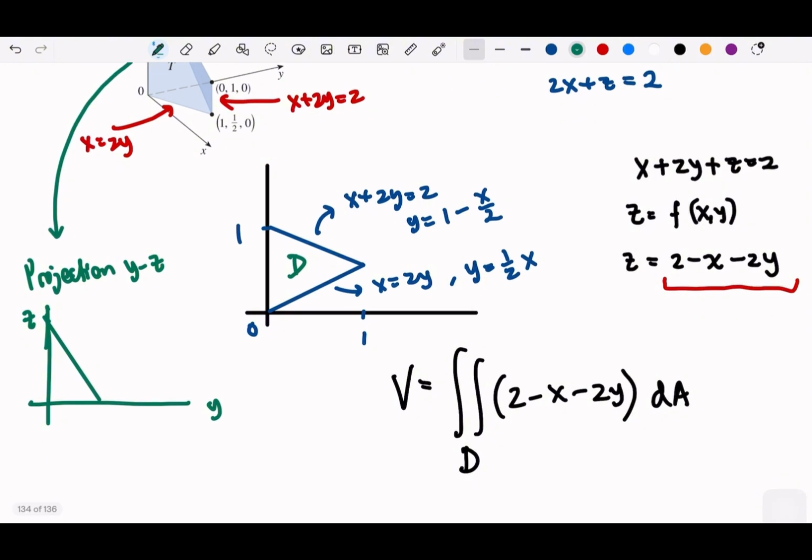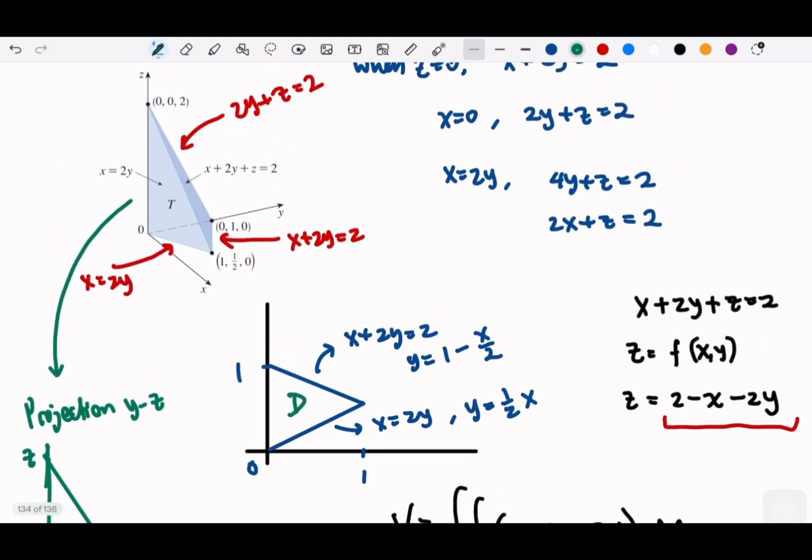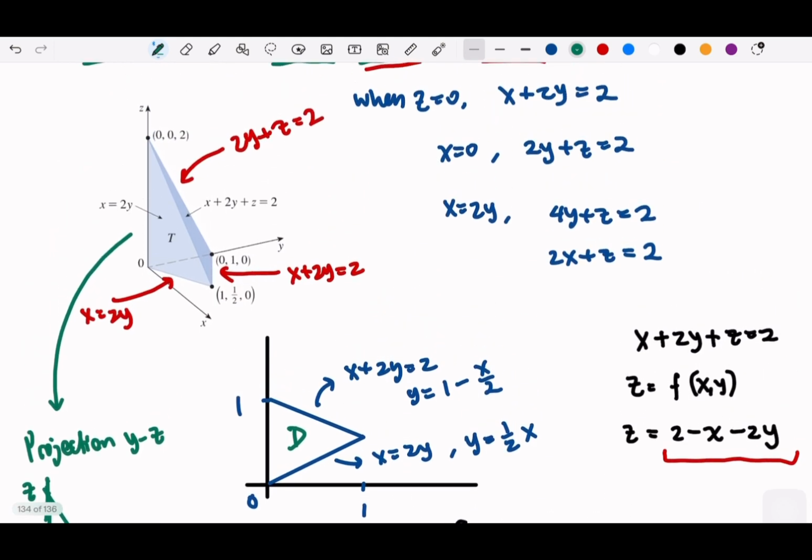And then we can use X as our function of two variables, Y and Z. So this will be X equals 2 minus 2Y minus Z.